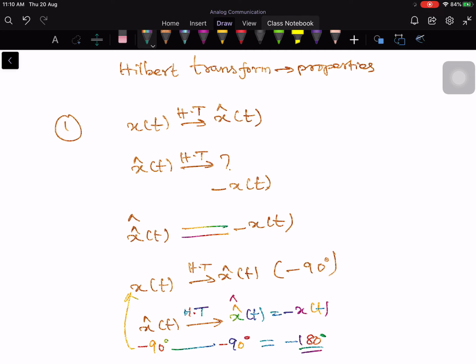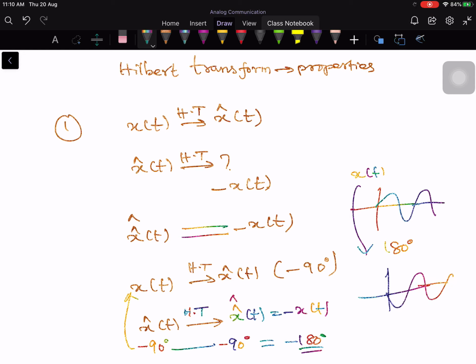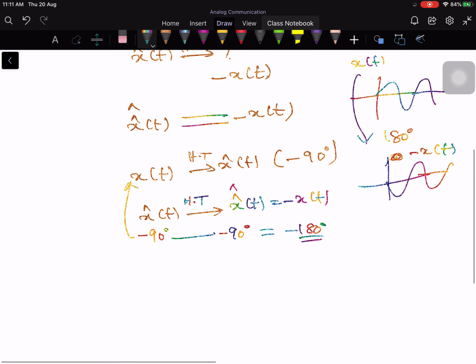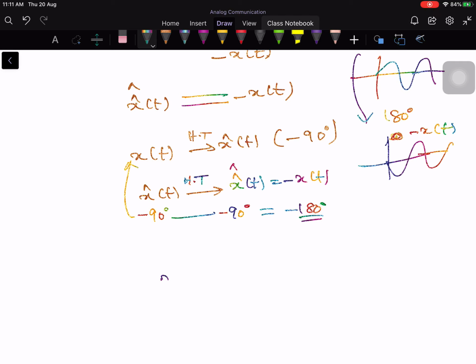So if the signal x of t is like this, then positive becomes negative, negative becomes positive. After 180 degree phase reversal, the signal is going to be like this. So obviously this is minus x of t. Therefore, if you take two times Hilbert transform, finally you will end up with minus x of t. So x double hat of t is equal to minus x of t. This is the first property.